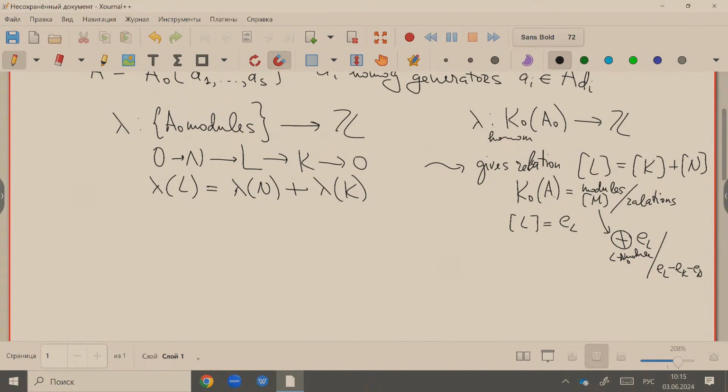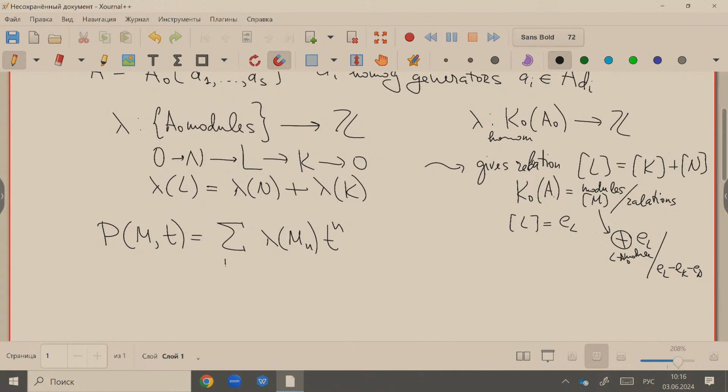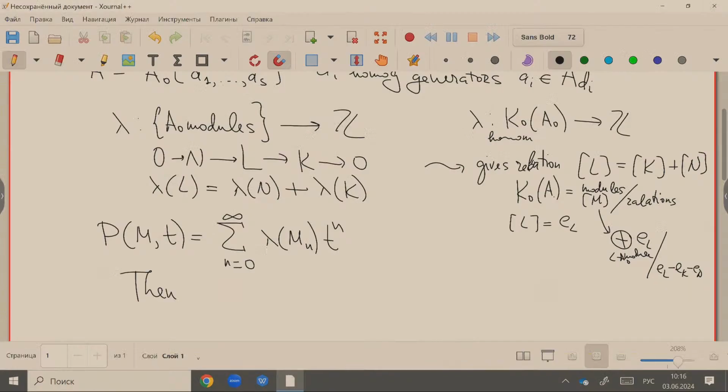Yeah, so if you have this kind of thing, we have proved that if you consider the generating series of this form, where you use this lambda function, then you can rewrite it as a rational function.